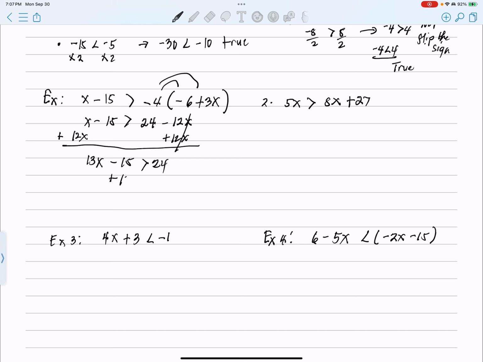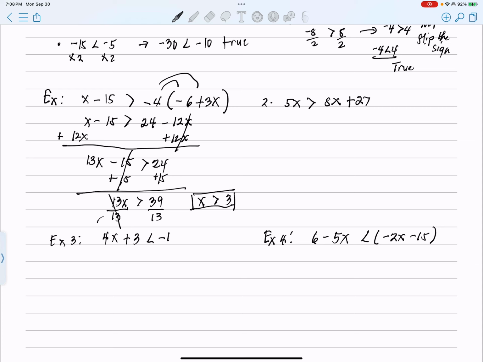Then add 15 on both sides. We have 13x greater than 39. So divided by 13, x would become greater than 3. Right? Now, are we going to flip the sign? No, because we divide it with a positive number. So this will be as it is, x greater than 3.